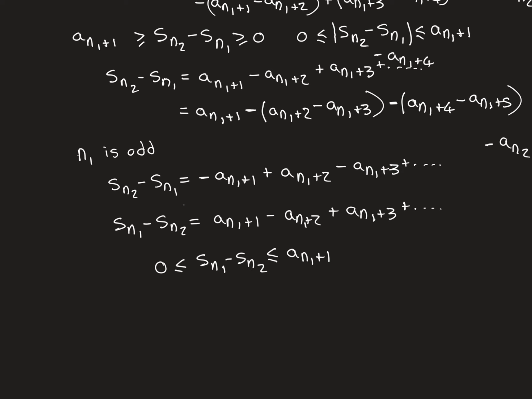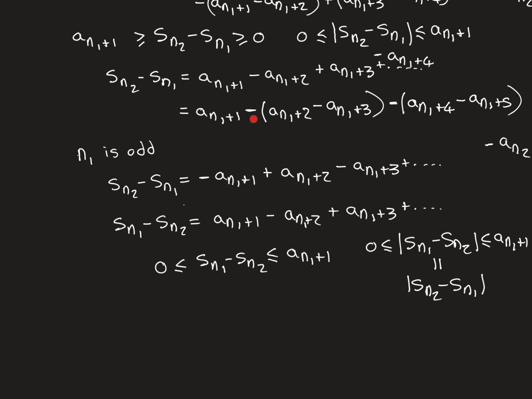And of course, what we can now say is that the absolute value of S_{n1} minus S_{n2} is greater than or equal to 0 and less than or equal to a_{n1+1}. And this thing is equal to it the other way around, S_{n2} minus S_{n1}, because multiplying by minus 1 makes no difference to the absolute value.